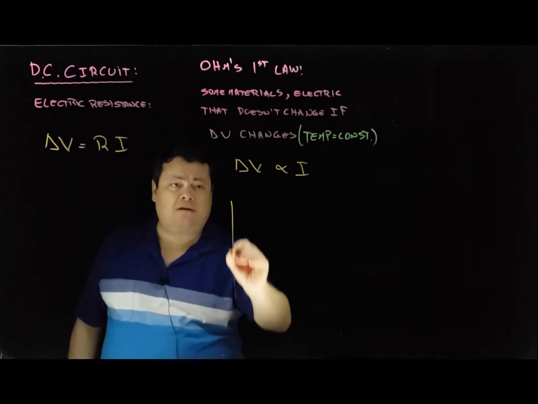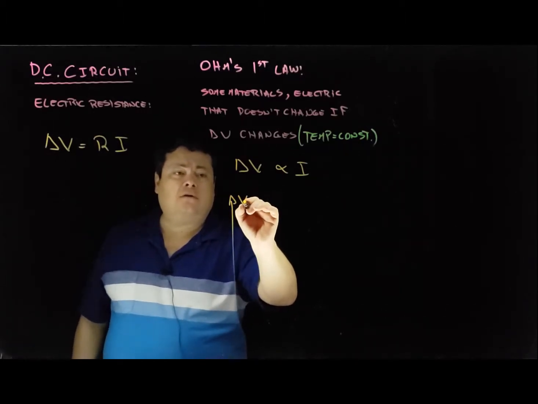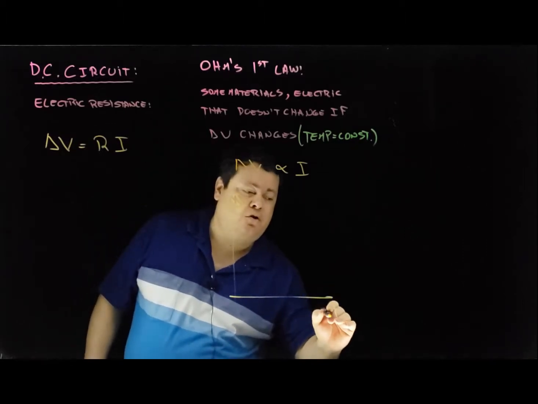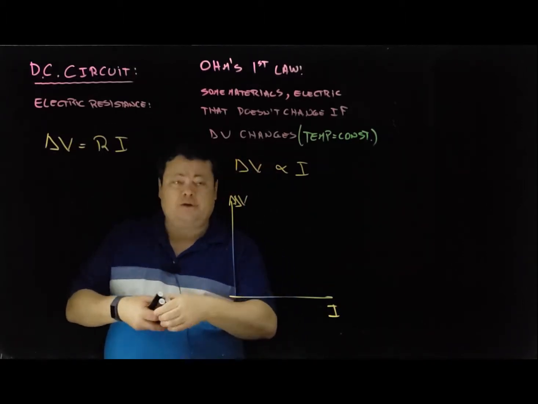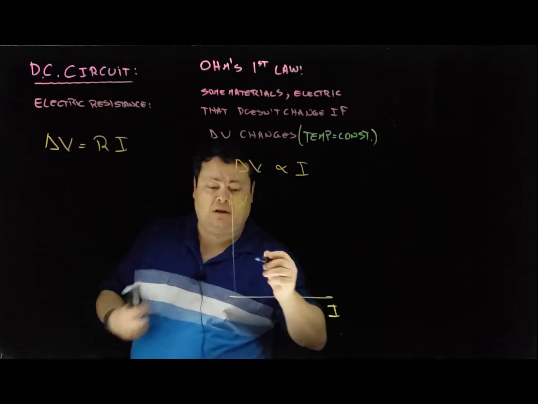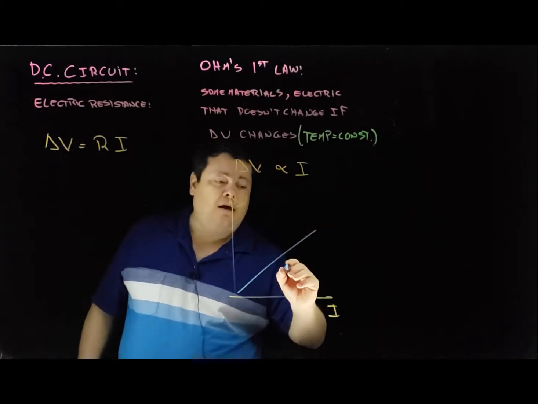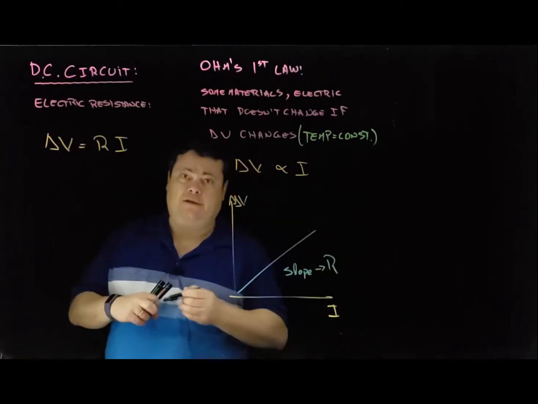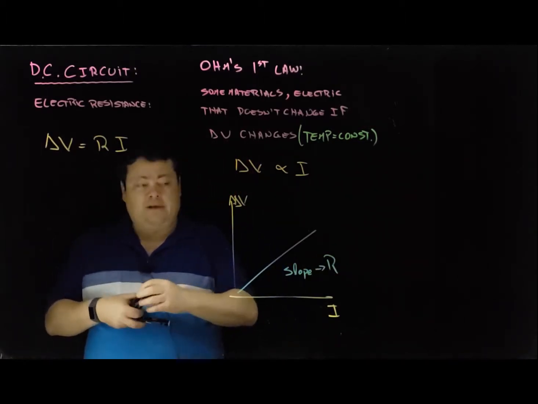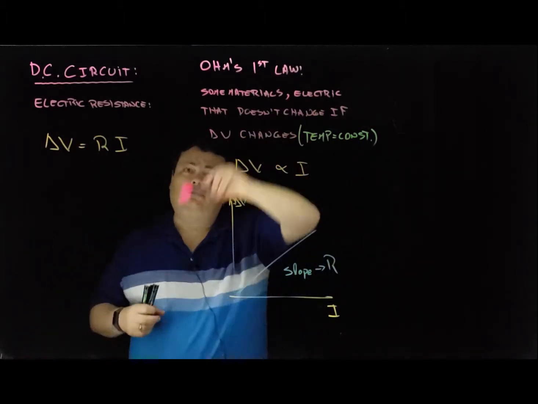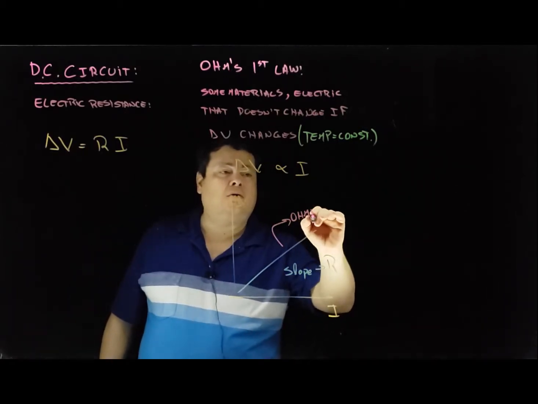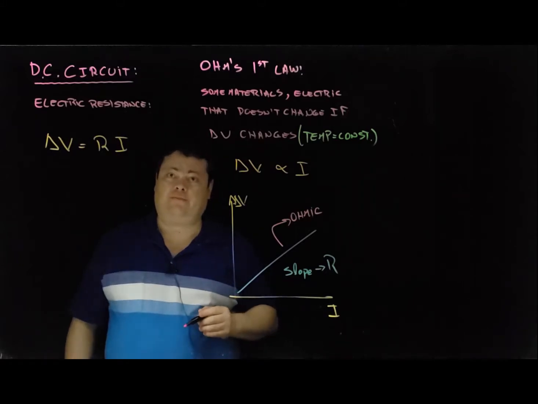So if I plot a voltage versus current graph, I expect this to be a straight line, and the slope of this graph should give me the electric resistance. And materials that have this behavior are also called ohmic materials.